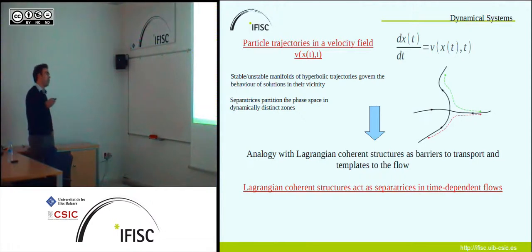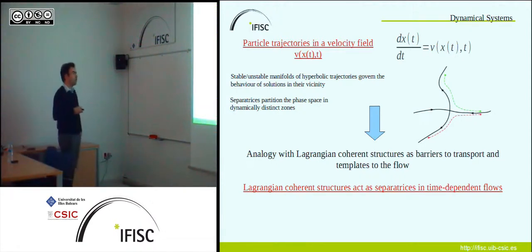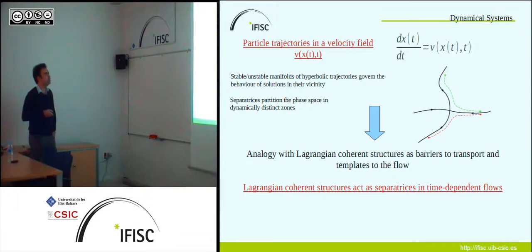Okay, so now back to the question of how do we use dynamical systems to study this. Of course, we start from the position where we consider particle trajectories in a fluid field, just like the one I showed you from numerical models or other sources, and we consider each particle to be a dynamical system that is governed by this equation, where here we would have the velocity field of the numerical model or the other sources.